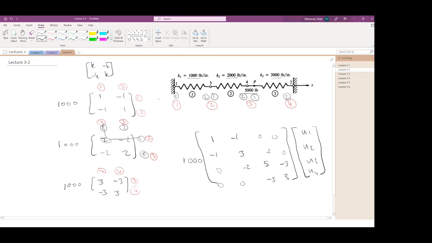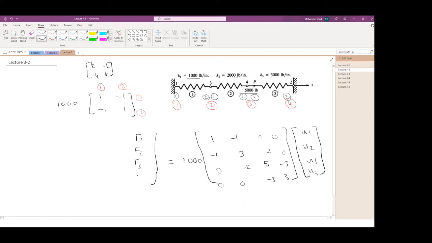And then this is equal to the forces. I'll again remove these from here. I just don't need them any longer. So this is equal to the forces, which are going to be F1, F2, F3, and F4.